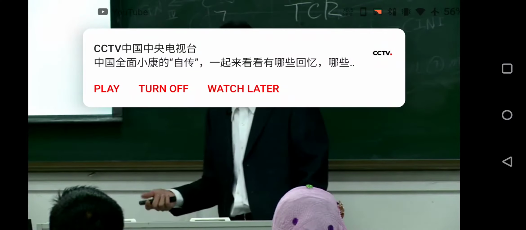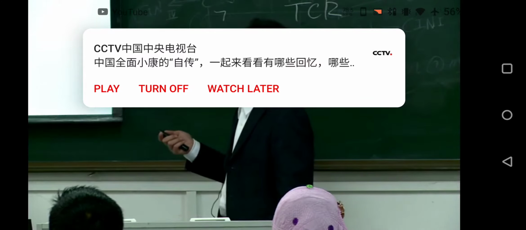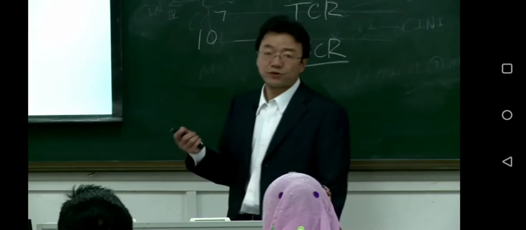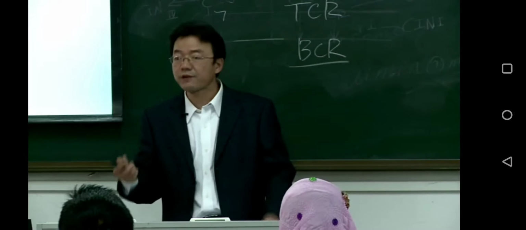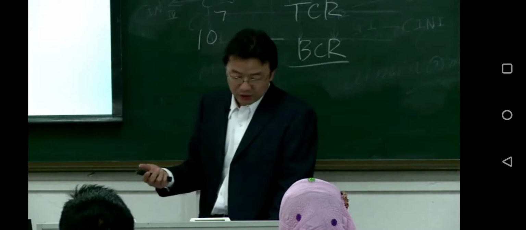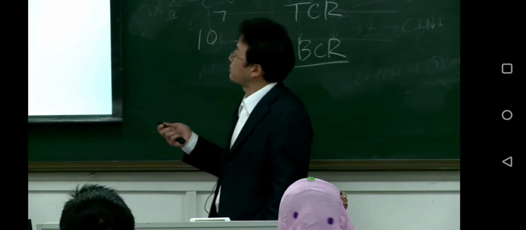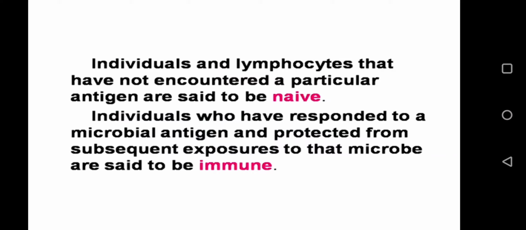We will have a picture to show these characteristics. Individuals who have never encountered a particular antigen are said to be naive. Individuals who have responded to a microbial antigen and are protected from subsequent exposure to that microbe are said to be immune.